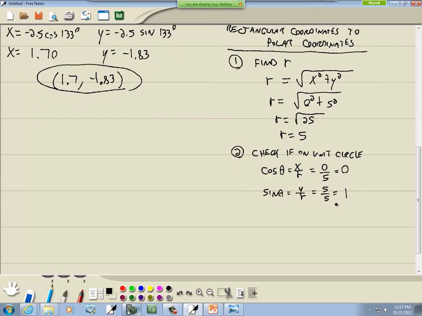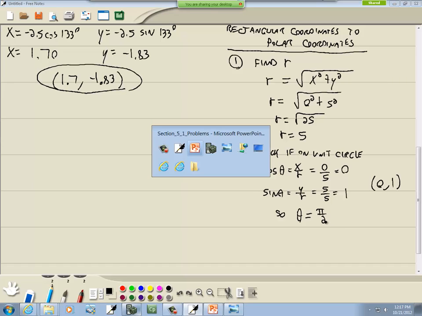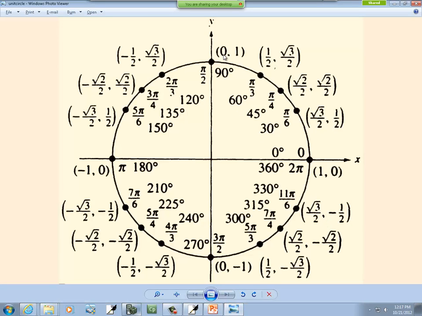So we're looking on a unit circle. Remember, cosine and sine on your unit circle are your x and your y. So this would be 0, 1. So if we go around our unit circle, then at 0, 1, we're going to see theta is equal to pi over 2. 0, 1, pi over 2.